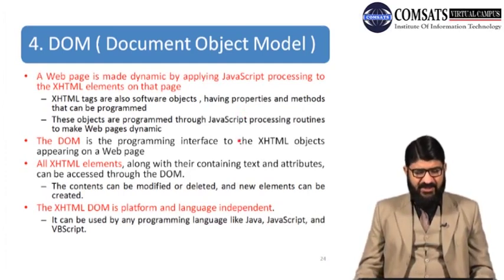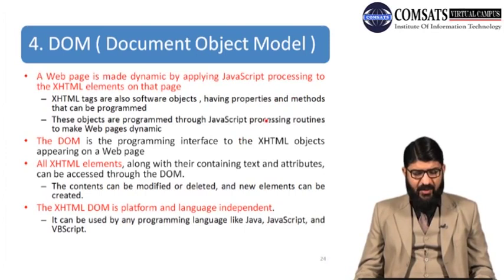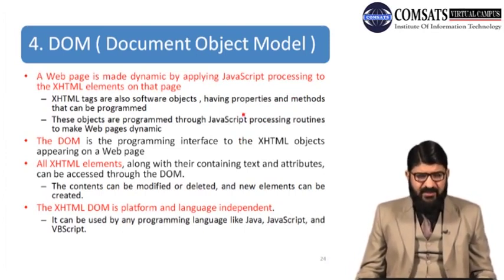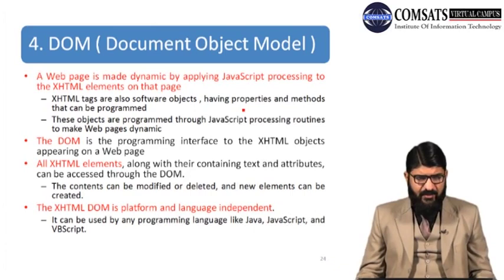All the XHTML elements along with their containing text and attributes can be accessed through the DOM. And the XHTML DOM is a platform and language independent, so any language like Java, JavaScript, VBScript can be used.